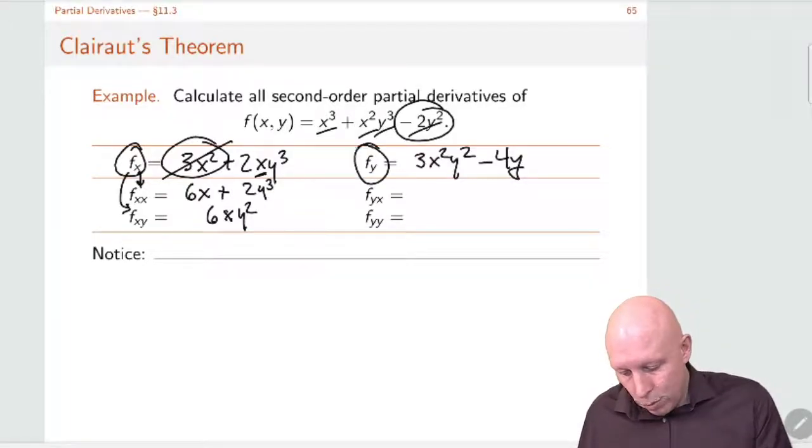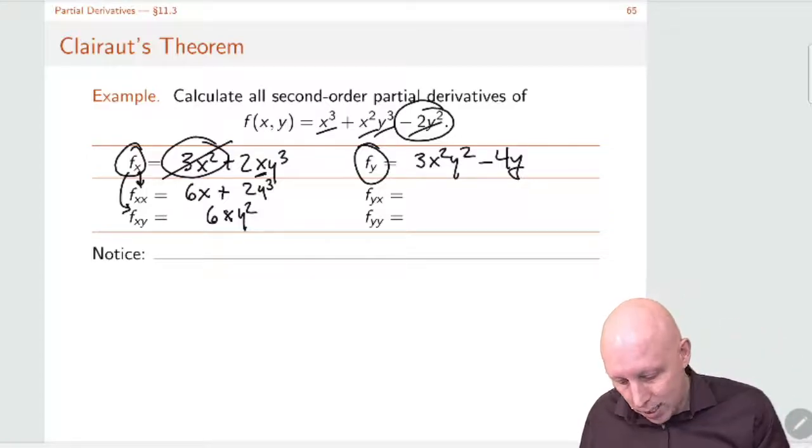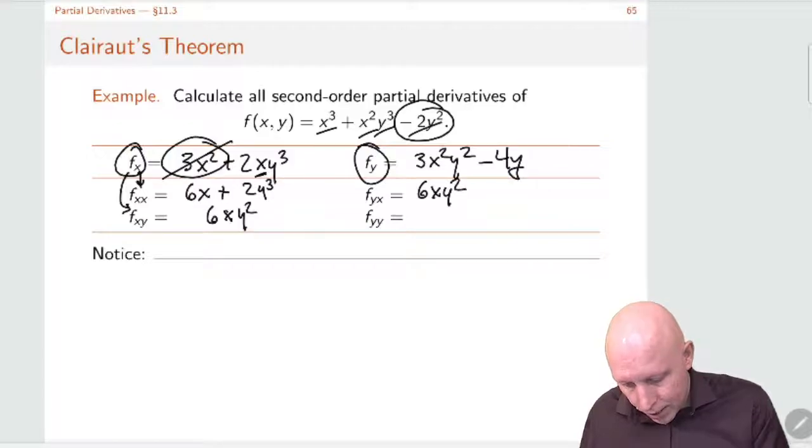Now we do f sub y, and we want to take the derivative of that with respect to x. With respect to x, y is a constant, so we get 6xy squared, and the derivative with respect to y is 6x squared y minus 4.